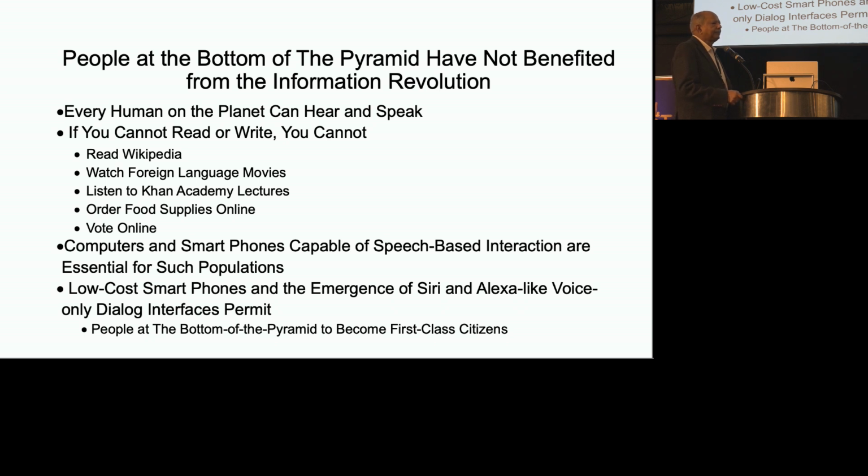And it can carry on a dialogue, it will execute your command, all kinds of things. Only, there's no keyboard anywhere, right? It's only with the thing. And so now, if those technologies were available for people at the bottom of the pyramid, they would become first-class citizens. They can do all these things.